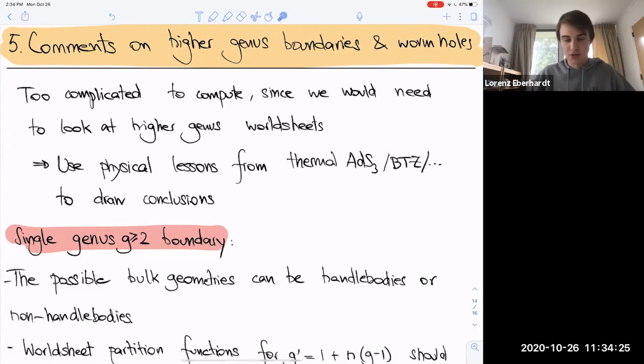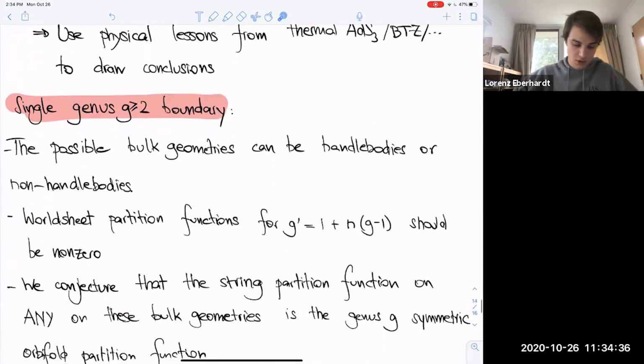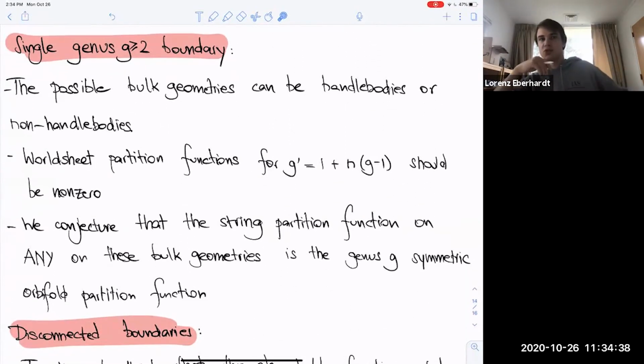But you might try to extrapolate from the case we just discussed and use the physical lessons we learned to draw some qualitative conclusions. So let's first go to a single, at least genus 2 boundary. And here, the bulk geometries are much more complicated than in the thermal AdS3 case.